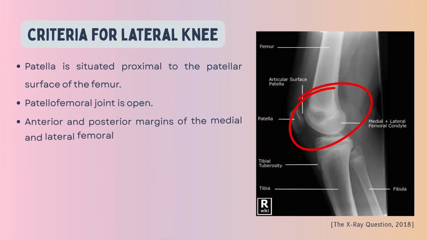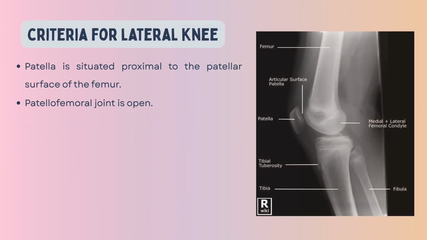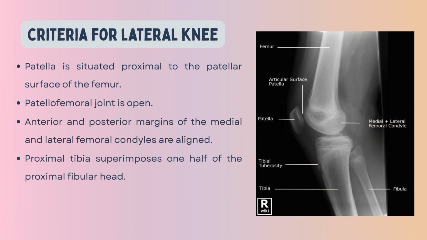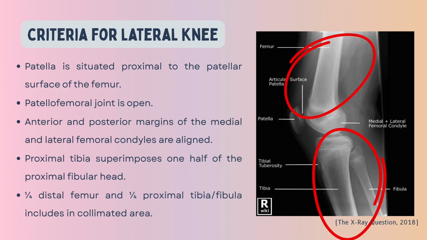Next, the anterior and the posterior of the medial and lateral epicondyles should be aligned to ensure they are superimposed. Next, the proximal tibia should be superimposed with one half of the proximal fibular head. And lastly, 1/4 distal of femur and 1/4 of the proximal tibia and fibula are included in the collimated area.